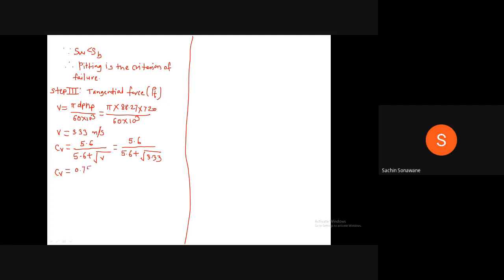Now, since pitting is the criterion of failure, we can write the equation SW is equal to P effective into Fs. And what is the formula of P effective? CS PT upon CV into Fs.